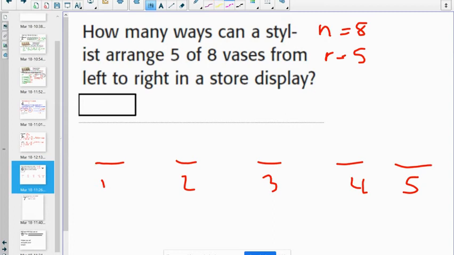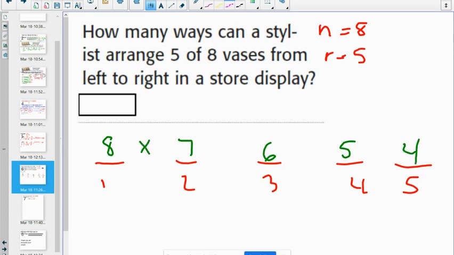This is very similar to what we just did up here with that chair problem. So for that first vase, we still have 8 possible vases that could go on that first spot there. And then again, as we move over, it goes down by 1 each time because we've picked another one to be placed.